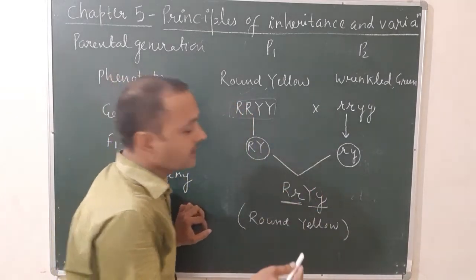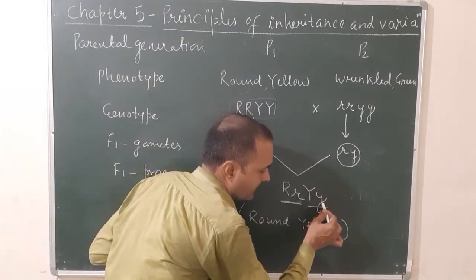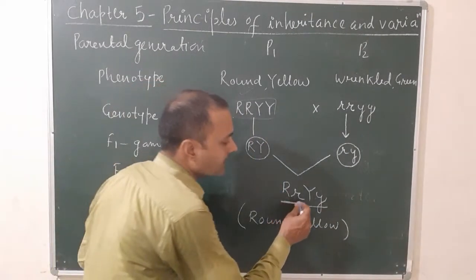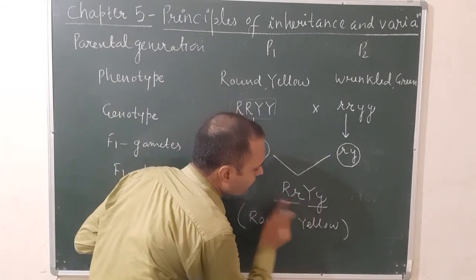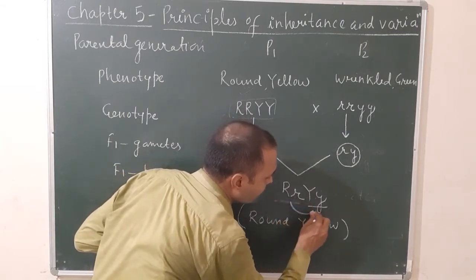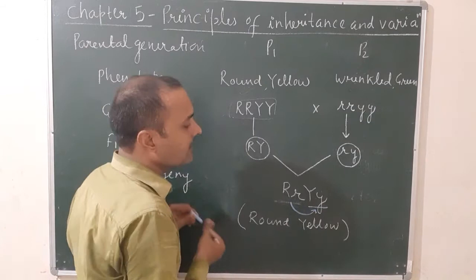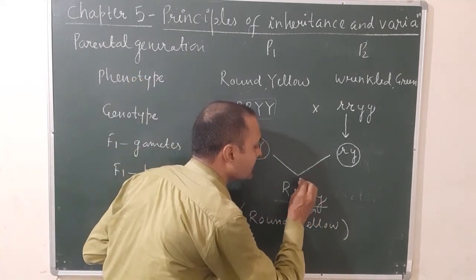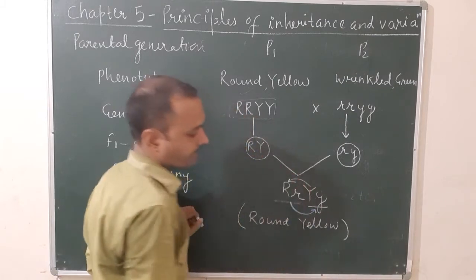So you can say capital R independently segregates with capital Y, small y, or capital Y and small y independently segregate with capital R and small r.